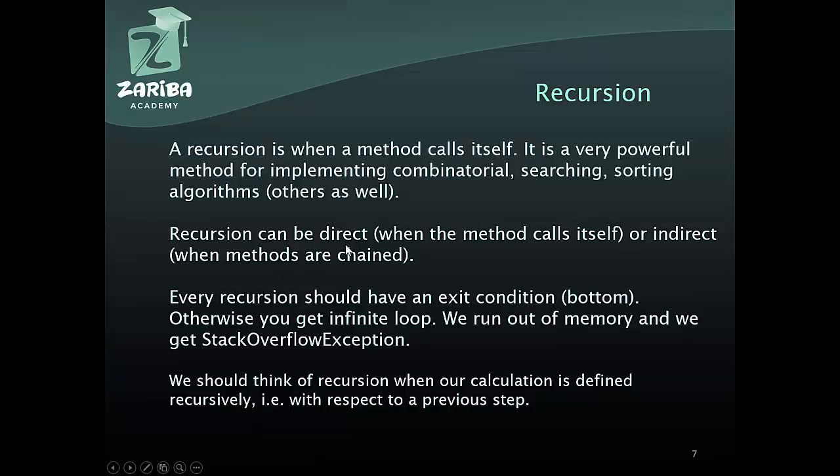So it can be direct, when a method calls itself, or indirect, where you have some sort of chain. Let's say that A calls a method B, which calls a method C, which calls A. This is going to do the same type of chain, which doesn't have an end, and you would normally get an exception.